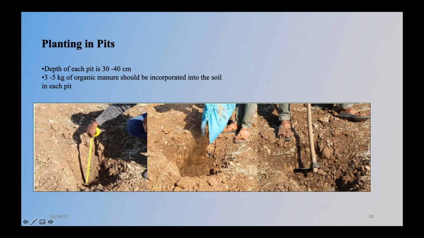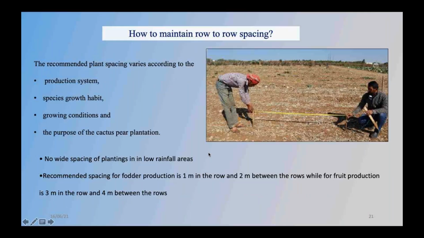Then how far apart must the cactus be planted? The answer is it depends. For low rainfall areas where you receive very little precipitation, it's better to keep the cactus closer to each other to use the water efficiently. But if you want to grow traditionally, then 1 meter in the row and 2 meters between the rows is perfect.